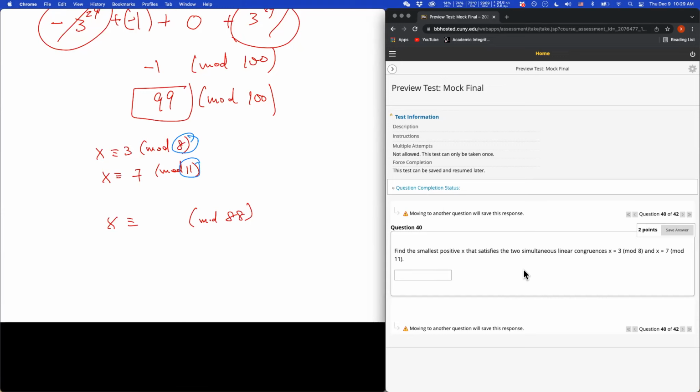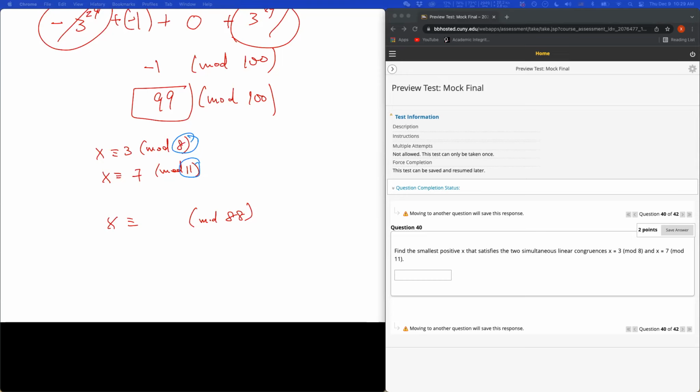Well, then you just keep looking for the number. 3 does not work for both conditions, so you keep going. You know what?